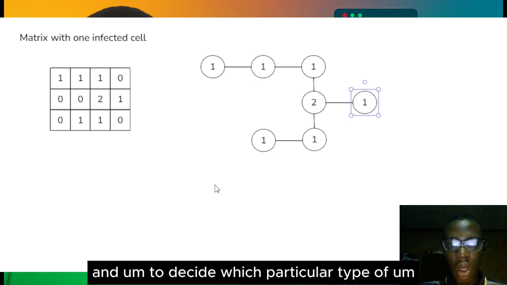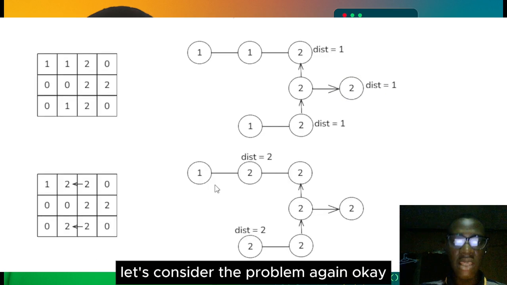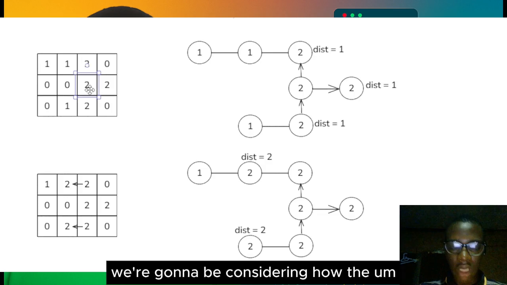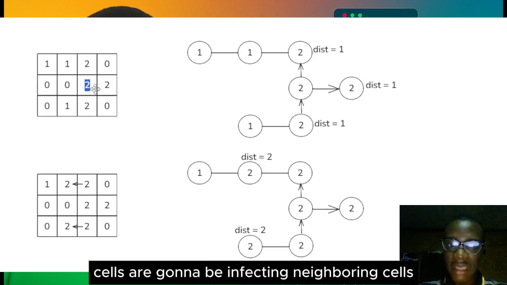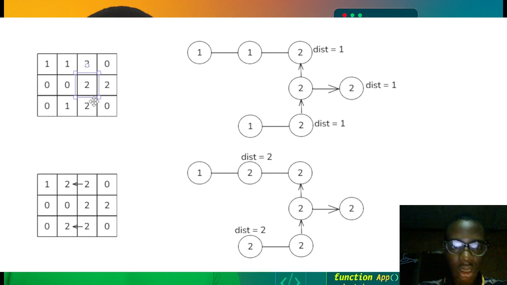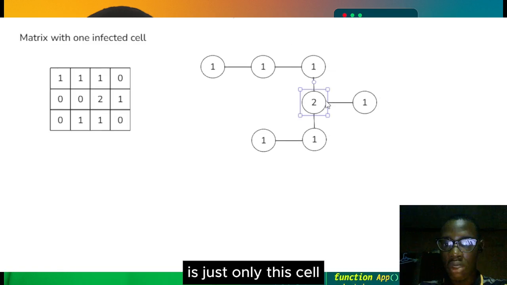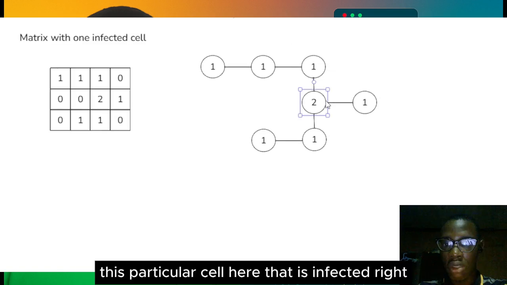And to decide which particular type of traversal algorithm we're going to be using, let's consider the problem again. We're going to be considering how the infected cells are going to be infecting neighboring cells. We see that at the first time it's just only this cell, this particular cell here, that is infected, right?